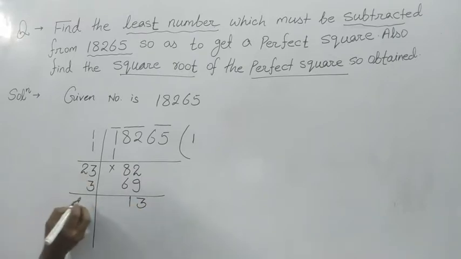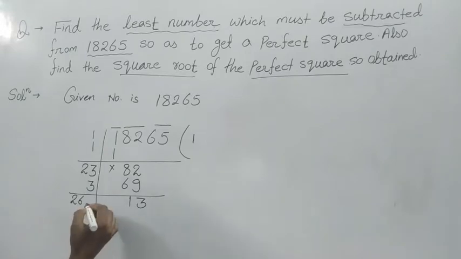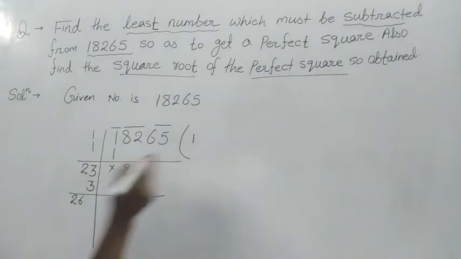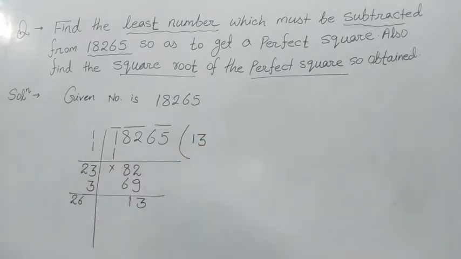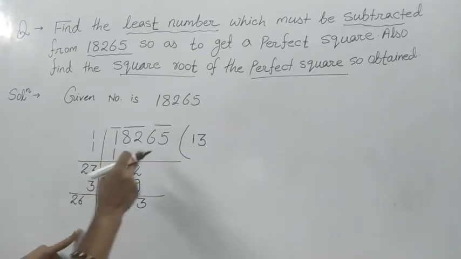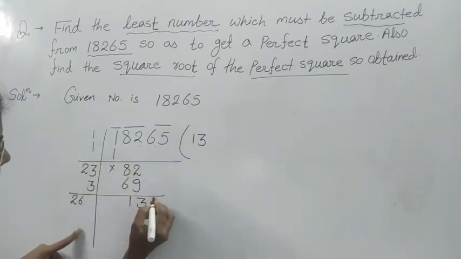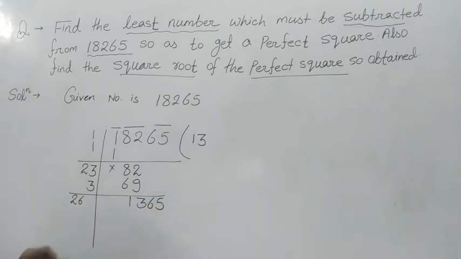And here add the digit 3, so 3 and 6 and 2. Now write the 3 here as a quotient. Now which digit can we write here? The same digit we can write here, so first of all write the pair here. Now which digit can we write here so that after multiplication we get the same number or less than this number?